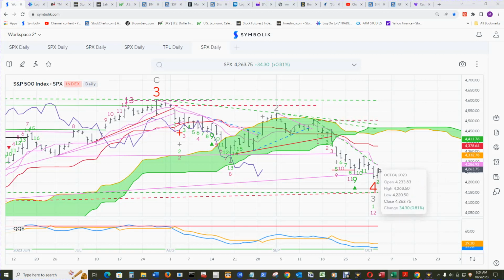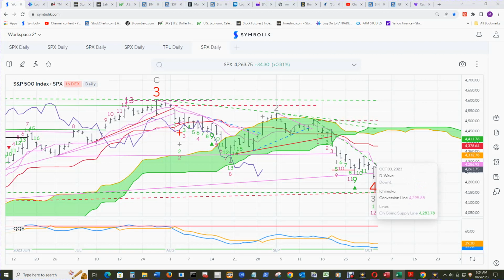So no matter what happens on a gap up above this, if it gaps up a little bit higher than this high and then subsequently closes above it, this ongoing supply line will become disqualified. And even if it jumps up above it, it will become disqualified even with the close at end of day.